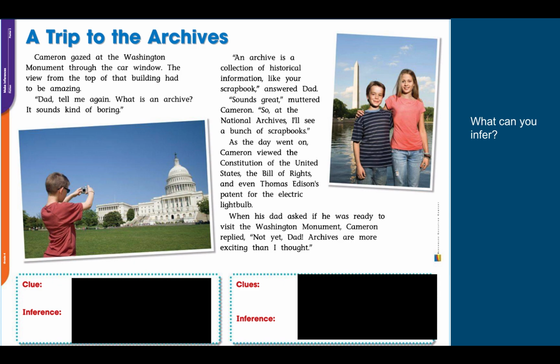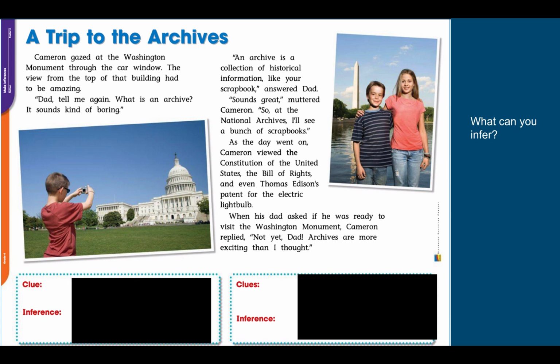"So at the National Archives, I'll see a bunch of scrapbooks?" As the day went on, Cameron viewed the Constitution of the United States, the Bill of Rights, and even Thomas Edison's patent for the electric light bulb. When his dad asked if he was ready to visit the Washington Monument, Cameron replied, "Not yet, Dad. Archives are more exciting than I thought."